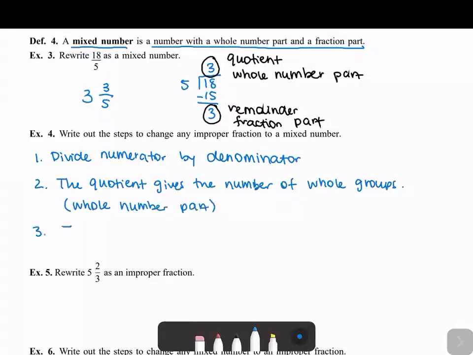And the remainder. So the remainder is the number of pieces left over, which is going to go in the fraction part.